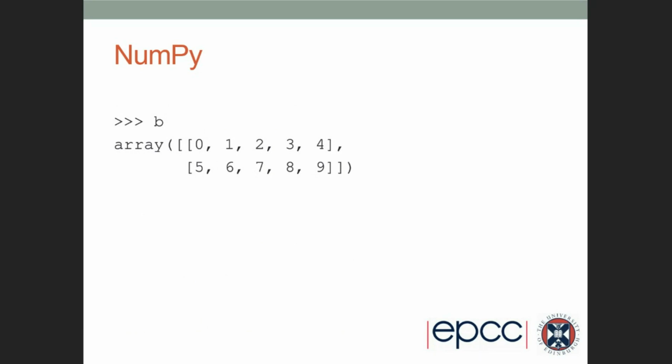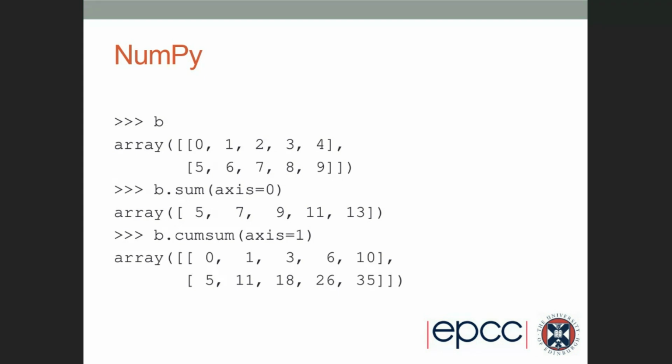Then going back to the multi-dimensional array that we just had, here are some of the simple functions that you can execute on it, or the methods that you can call on these arrays. Summing over the 0th axis essentially means summing over columns. So you can see here that it's taken all the columns and put in a sum for each of them, so 5, 7, 9, 11, 13.